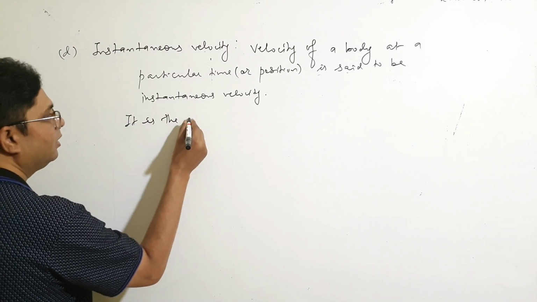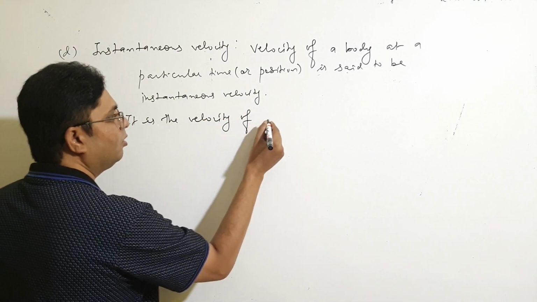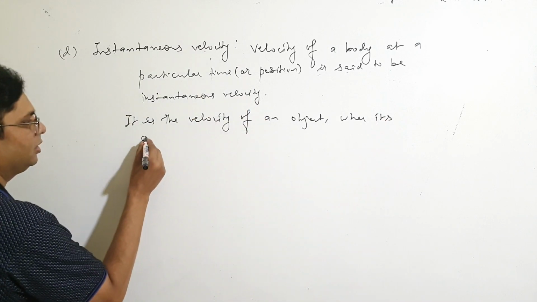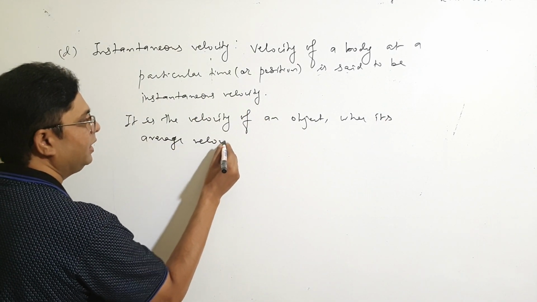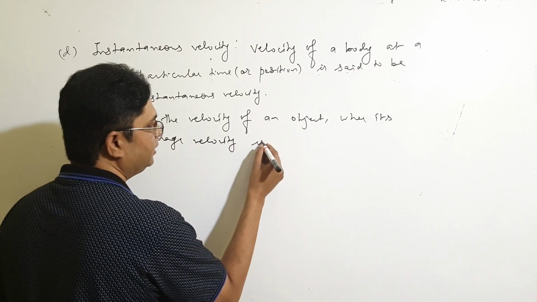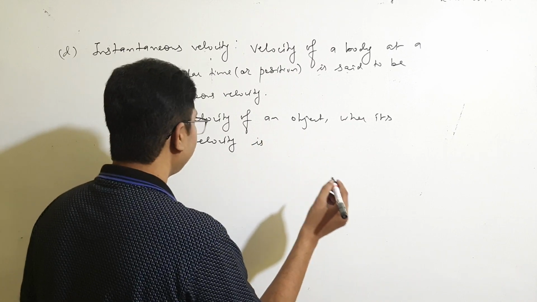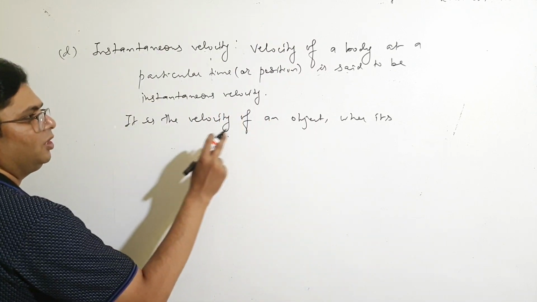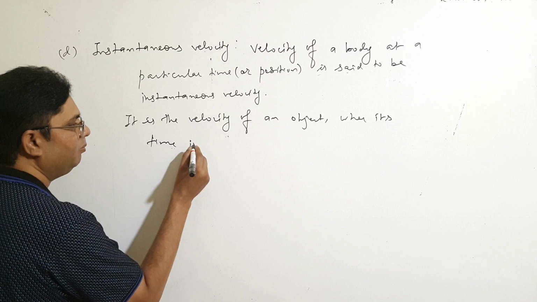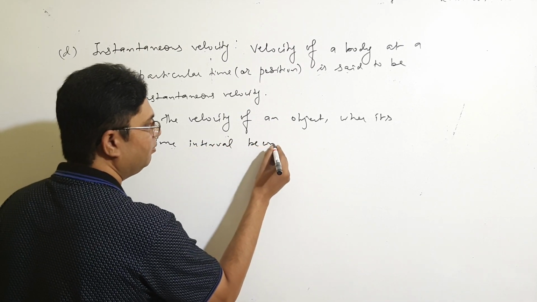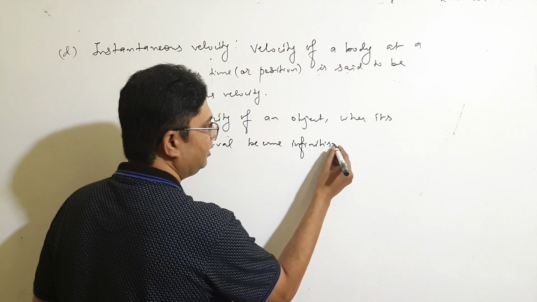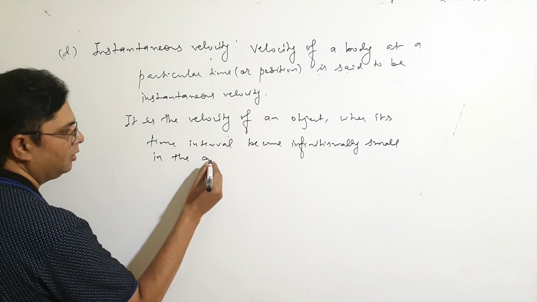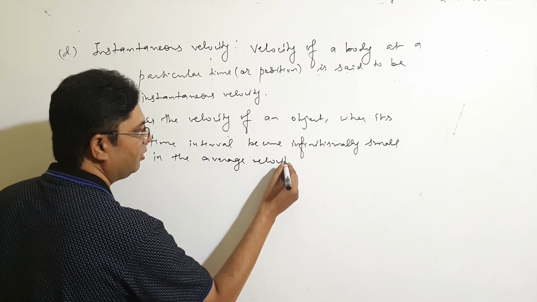It is the velocity of an object when its time interval becomes infinitesimally small in the average velocity.